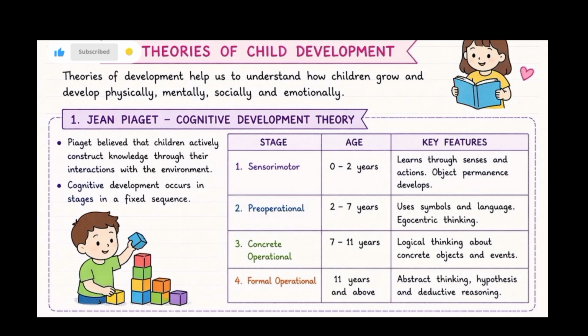Third, the concrete operational stage, 7 to 11 years: logical thinking about concrete objects and events. As soon as children reach the end of the pre-operational stage, they begin to understand the principle of conservation. Conservation is the ability to recognize that the basic attributes of an object, such as number or weight, remain the same even when the appearance of the object is changed.